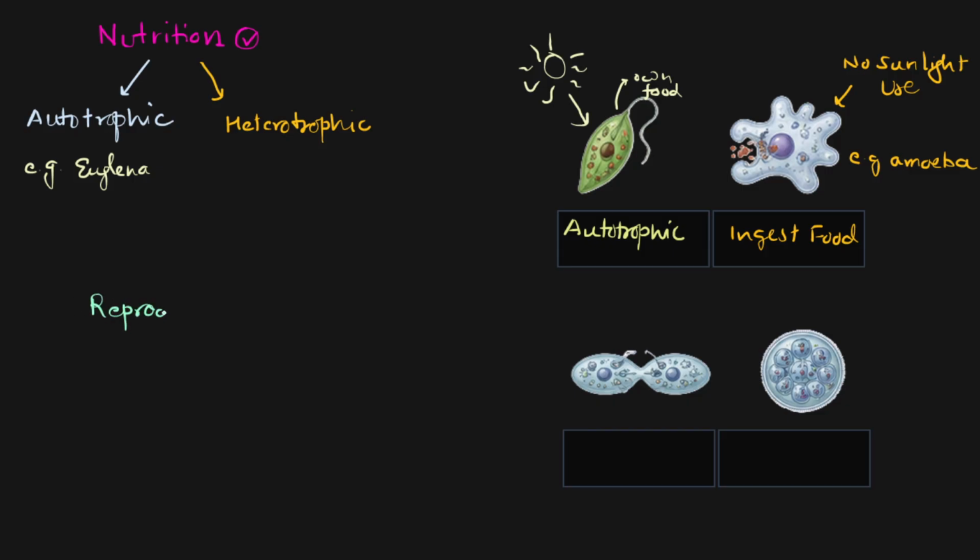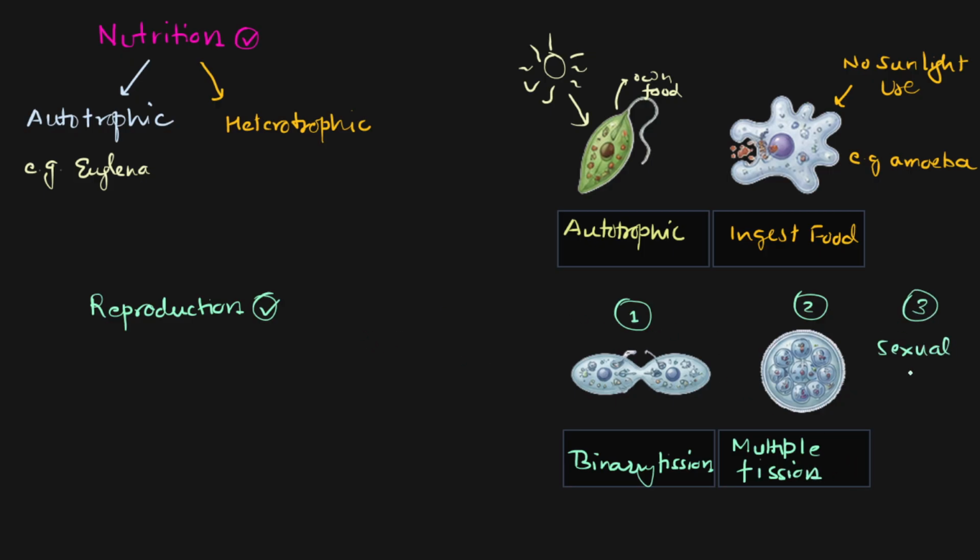Next is reproduction. See how they are going to multiply, right? Humans multiply sexually, but protozoans multiply asexually, which is first binary fission and multiple fission. Also inside the structure, you can see multiple organisms. That is the multiple fission way. And the third one is sometimes also sexual reproduction.